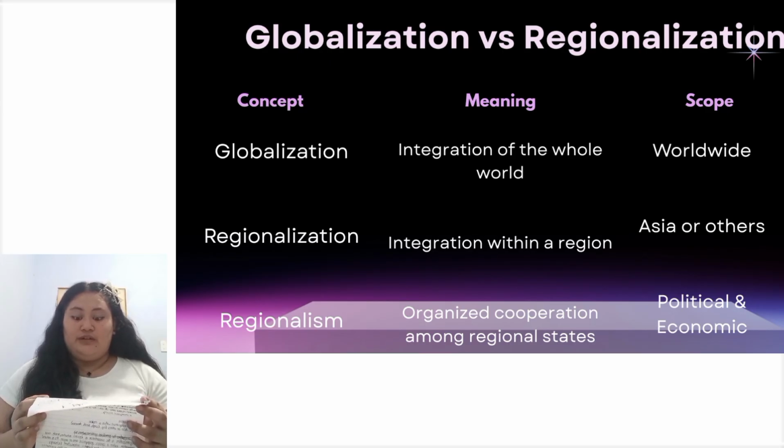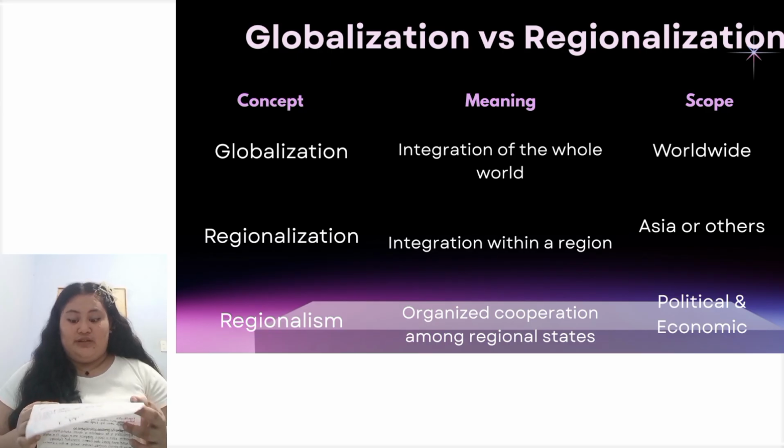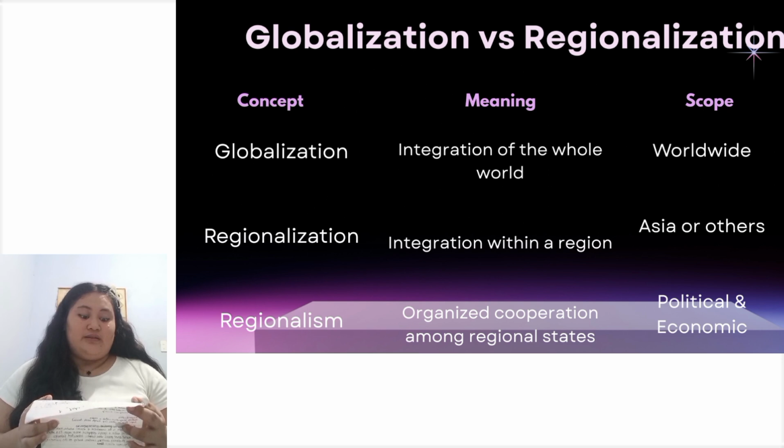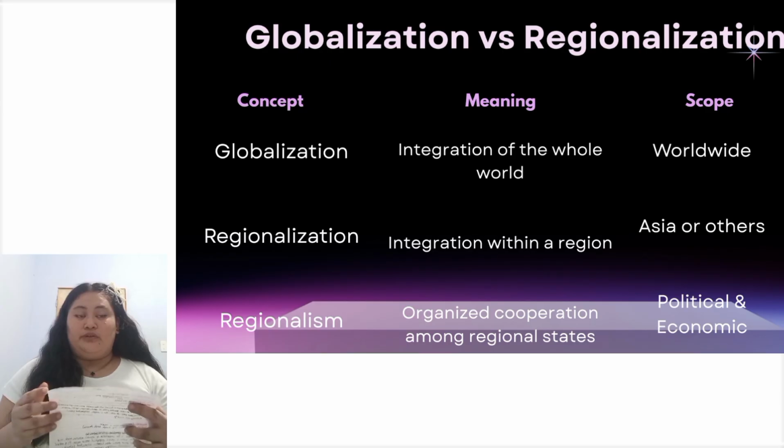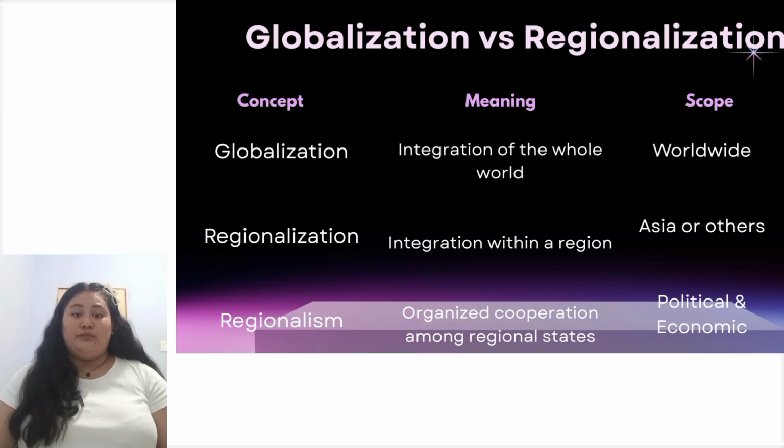It involves deliberate, often intergovernmental efforts to manage and promote cooperation, which typically has both political and economic dimensions. Example: security, trade, shared policy. It's the intentional manifestation of regionalization, where both the political and economic sides move forward together.